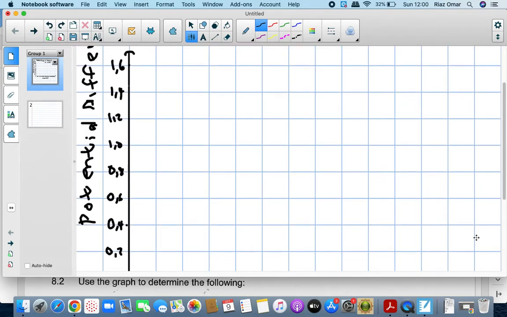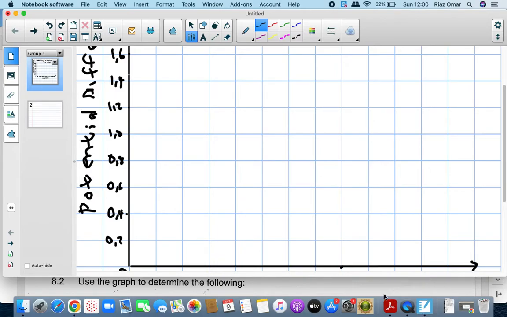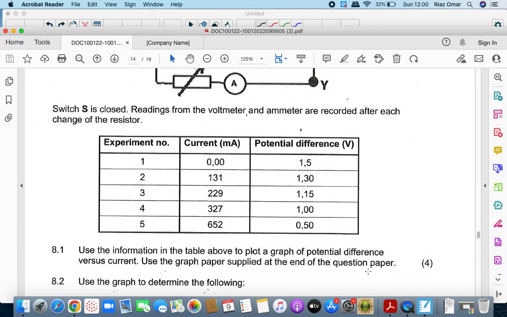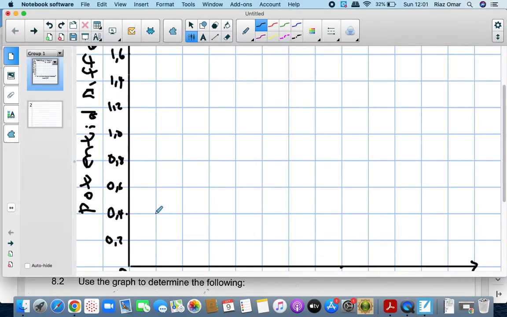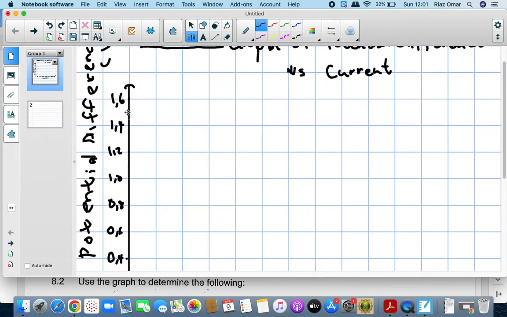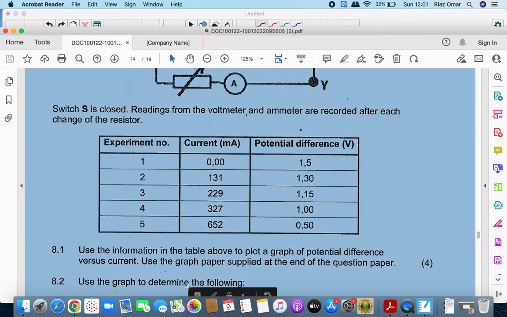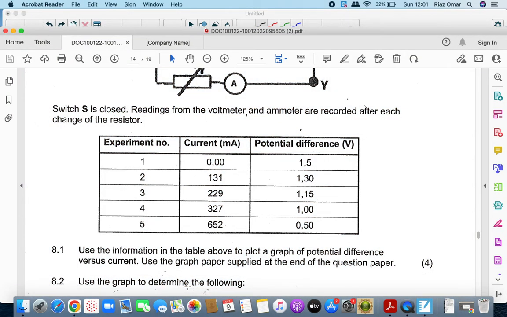Right, so let's look at our values that we have, then we can take it from there. Okay, 0 milliamperes, 1,5 volts. So let's write that down. It's 0 amperes, 1,5 volts. That will be around there. Okay, the next one will be 1,31 milliamperes, 1,3 volts.